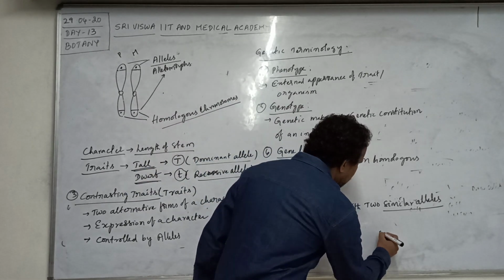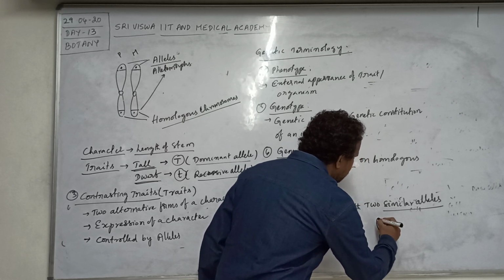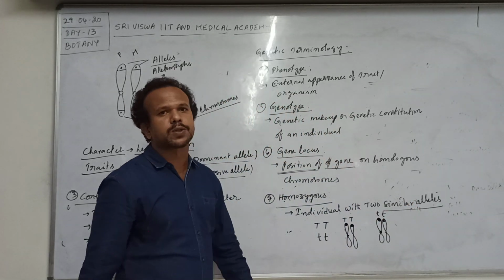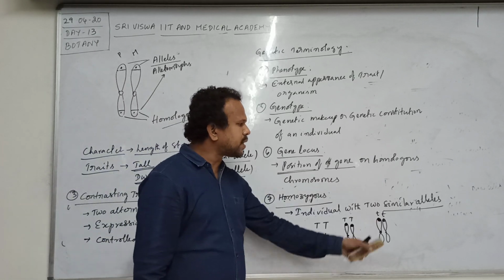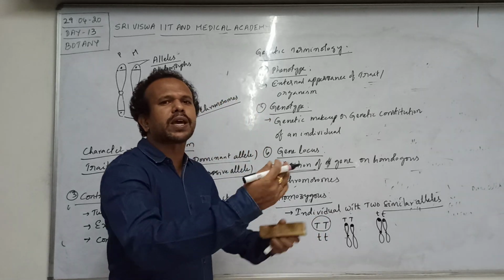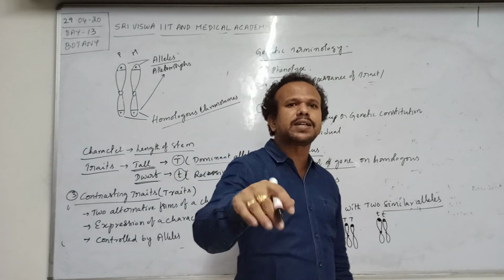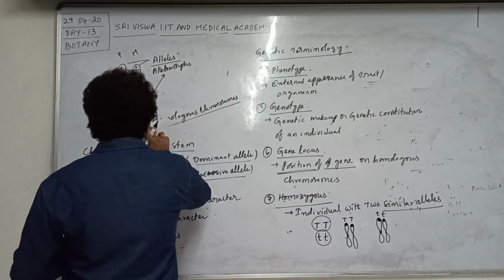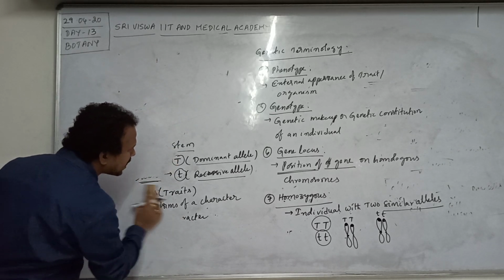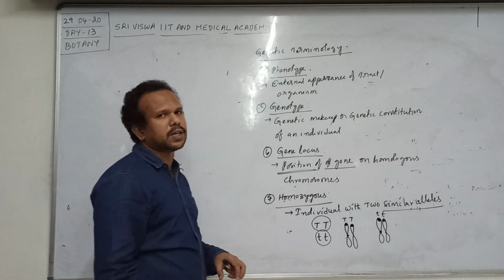For example, another individual has small t allele in this region, and this region also has small t allele. Here both the individuals are said to be homozygous because in the first case the individual has both capital T alleles. In the second case, the individual has both small t alleles. So if an individual has two similar alleles, such an organism is said to be homozygous.